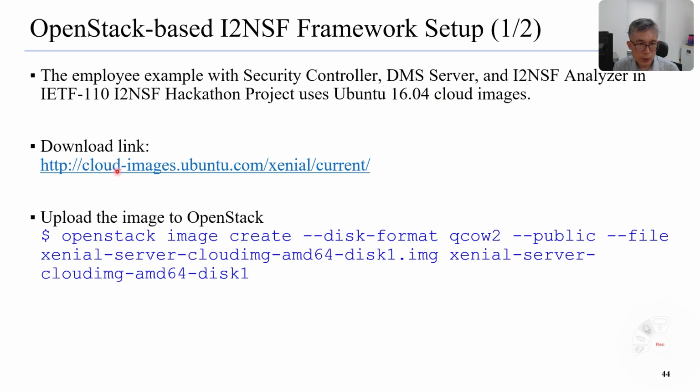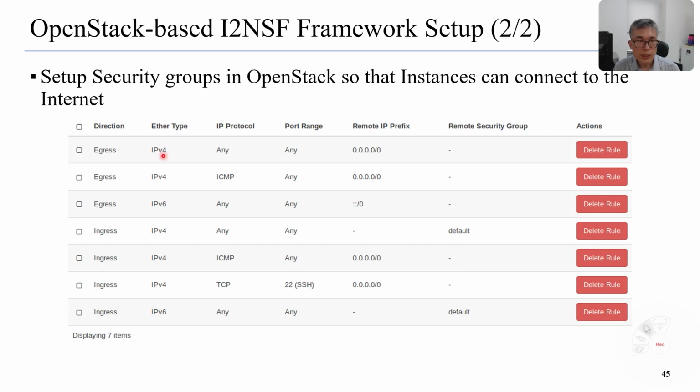You can download the image from this link and upload the image to OpenStack using this command. And secondly, set up security groups in OpenStack so that instances can connect to the internet. You can set up security groups using this.